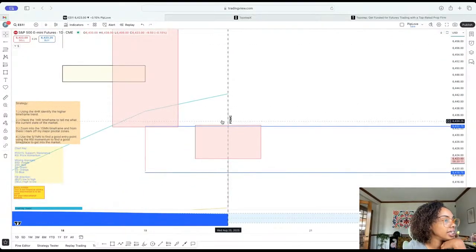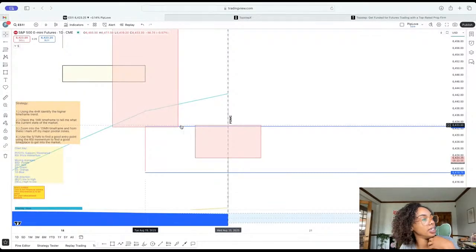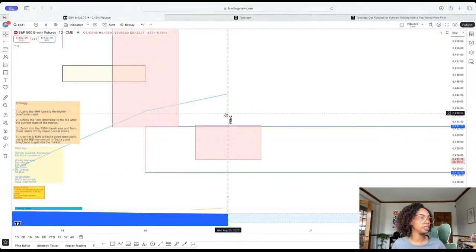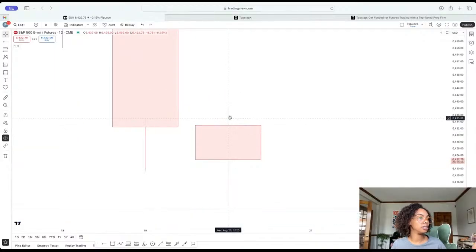So for instance, this candle opened at 64.33. That is where the previous candle opened, and we see that sellers were able to take price down to 64.08.